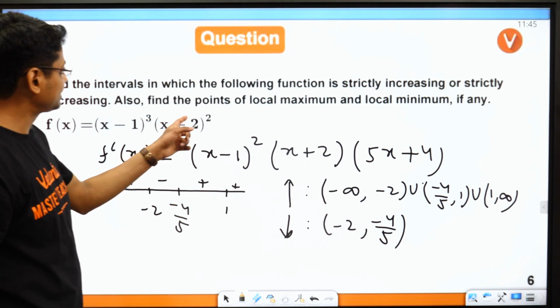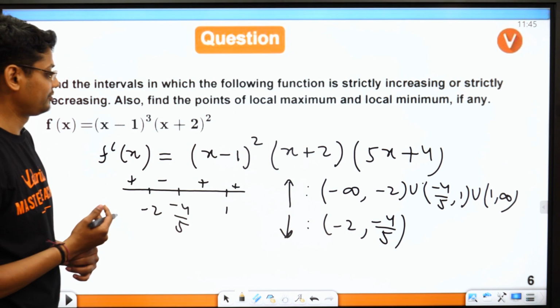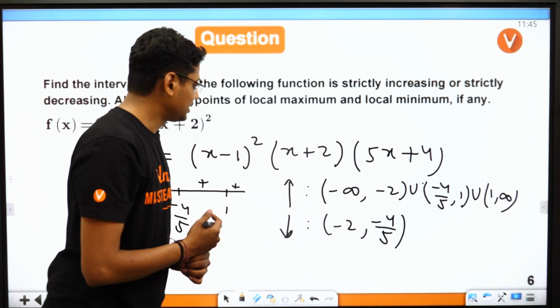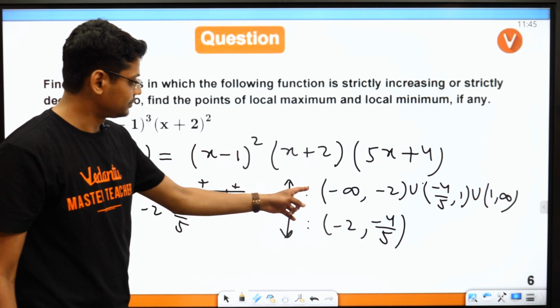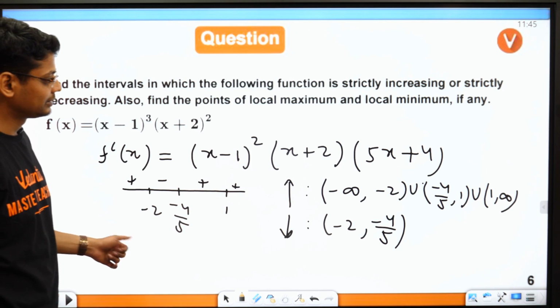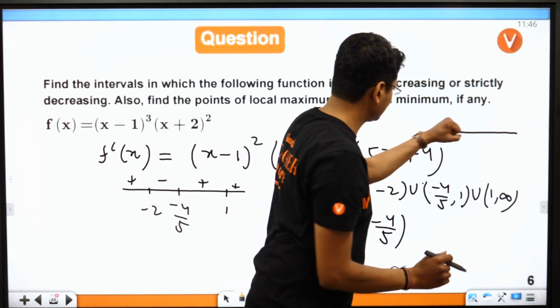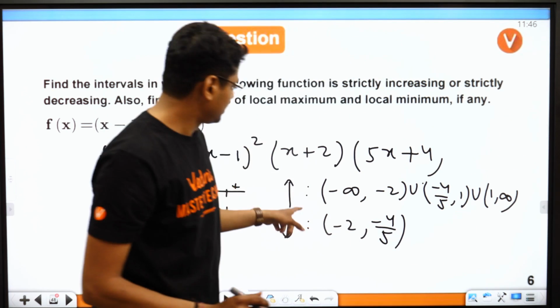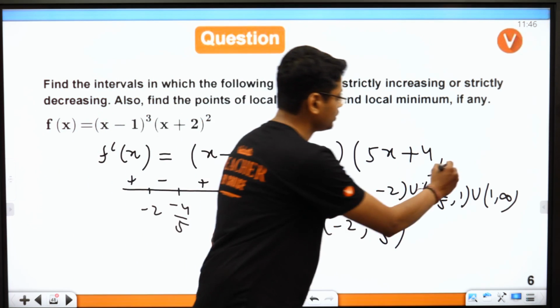Now we have been asked to find local maximum and local minimum points if they exist. Then basically what does it mean? The function is increasing in minus infinity to minus 2 range.